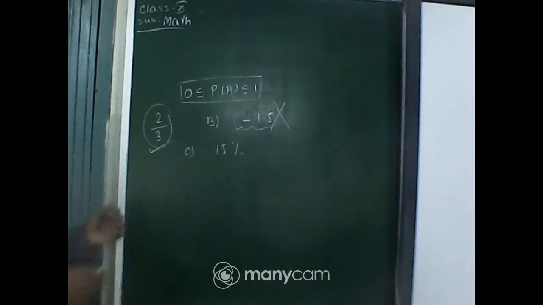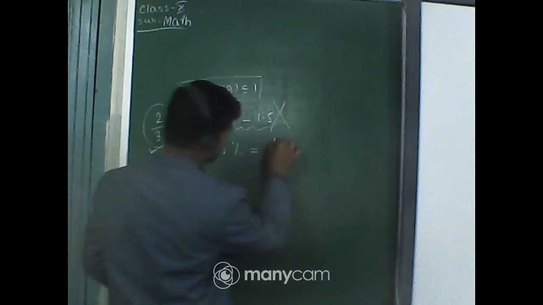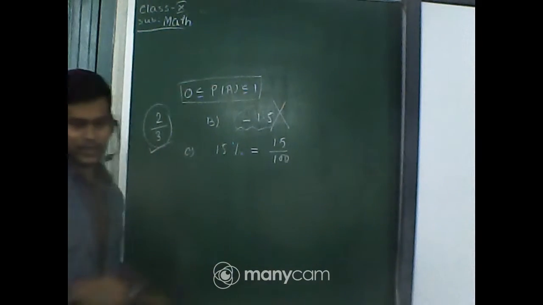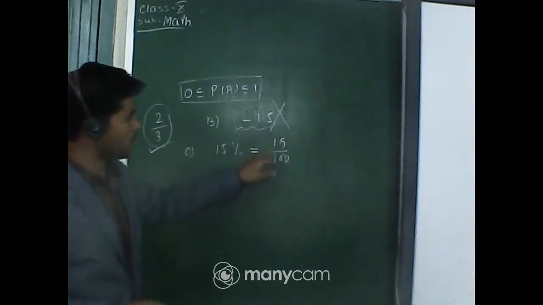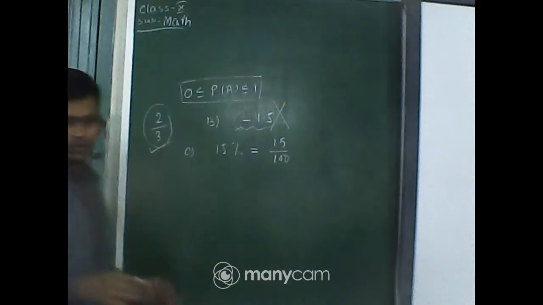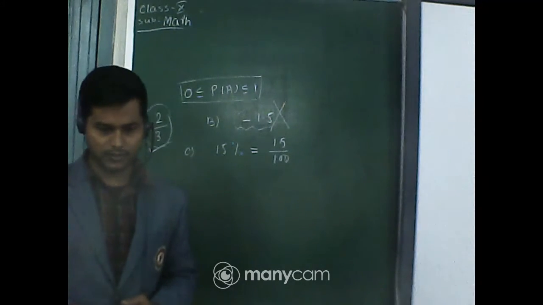Yes, it is possible, because we know that this percentage can be written in the form 15 by 100 to make it a fraction. So 15% is equal to 15 by 100. This number lies between 0 and 1. So 15% can be the probability of an event.